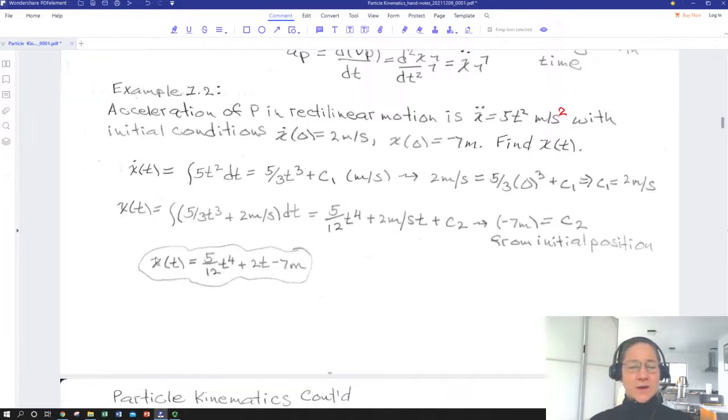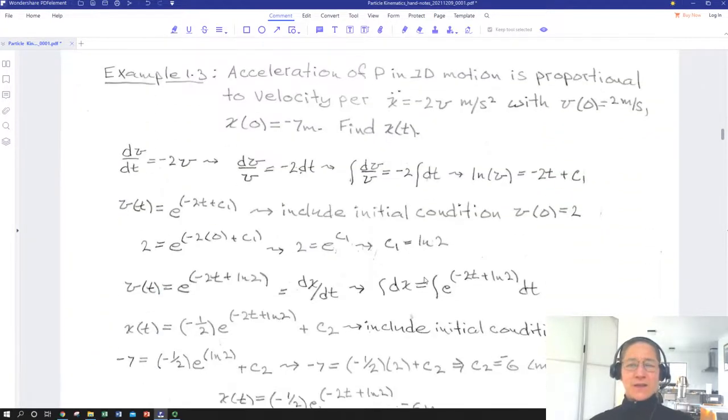So we end up with our expression for position, or the magnitude of distance that we've gone from point O to wherever point P is in the I hat direction at any given time, given by this function, which should end up in units of meters. Real easy: a couple of integrals, inserting our initial conditions to solve for our constants of integration.